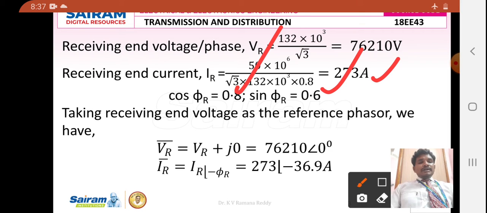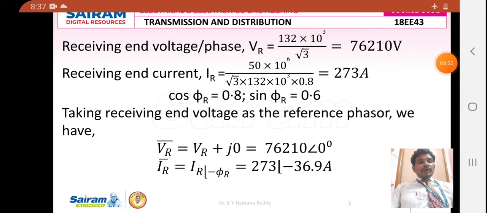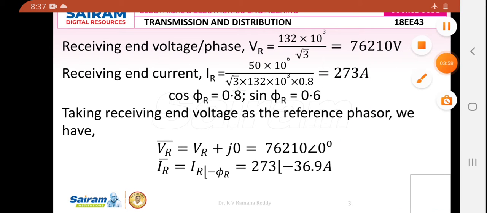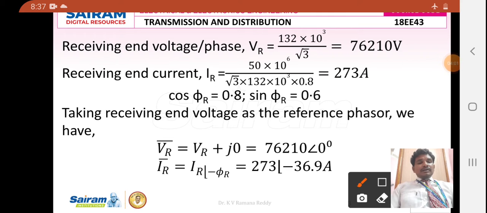Now, taking the receiving end voltage as reference in the nominal T section network, as we know the formula, VR bar is equal to VR plus j0. Here VR is the per phase value, 76,210 volts, so VR bar is 76,210 at an angle of 0 degrees volts. Similarly, IR bar is equal to IR at an angle of minus phi r. IR is 273 amperes, so IR bar is 273 amperes at an angle of minus phi r.